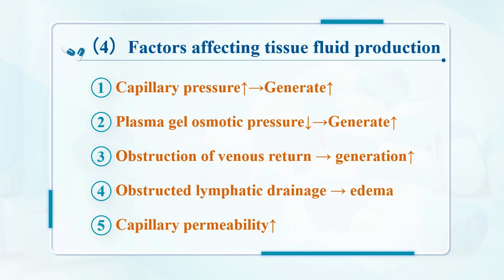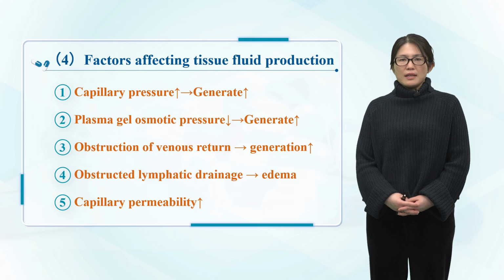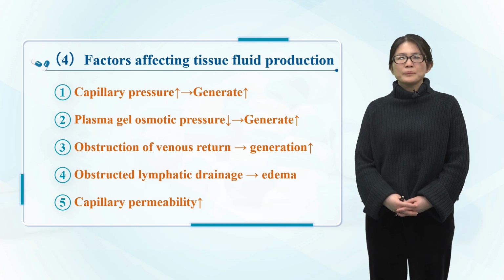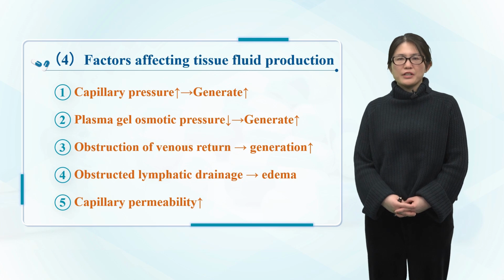Effective capillary hydrostatic pressure is a main factor that promotes tissue fluid production. The increase in systemic or local venous pressure is the main cause of the increase in effective hydrostatic pressure.